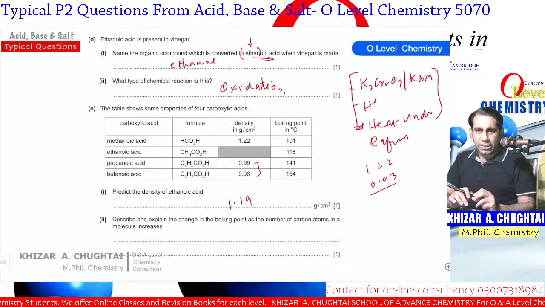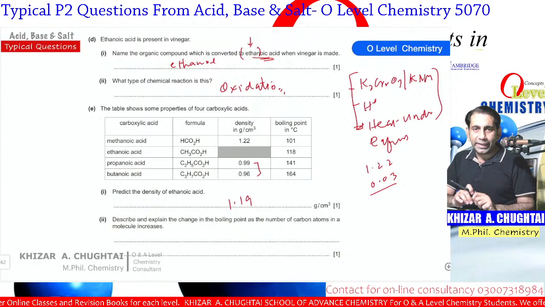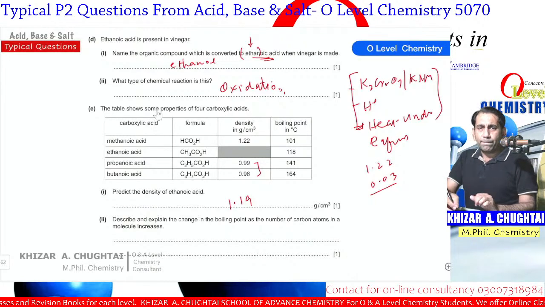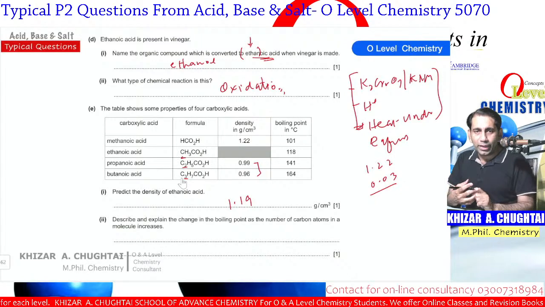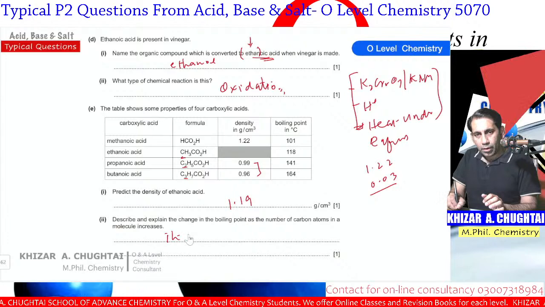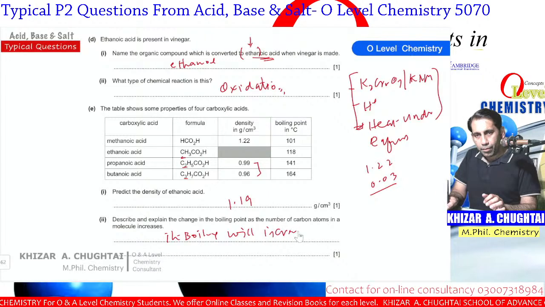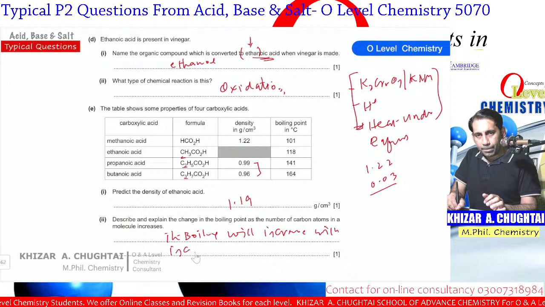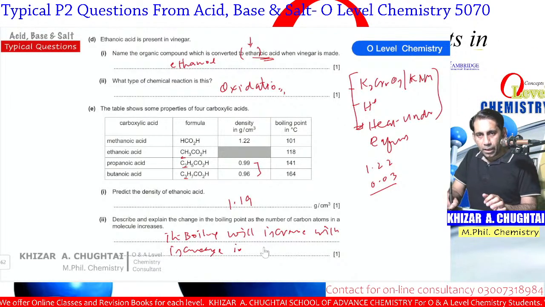Describe and explain the change in the boiling point as the number of carbon atoms in a molecule increases. Definitely, if the carbon atoms increase, the boiling point will increase. Its boiling point will increase with an increase in carbon atoms.